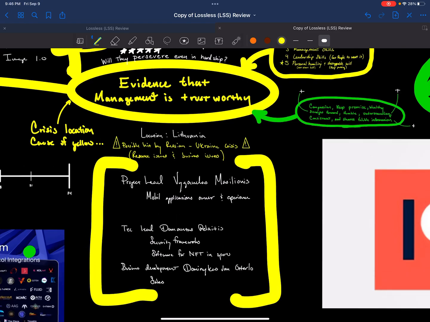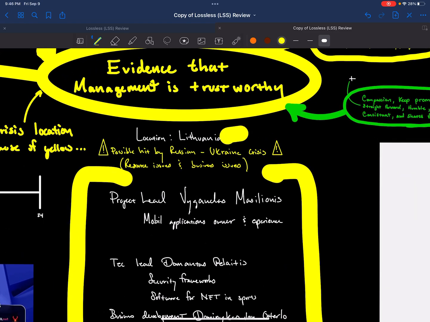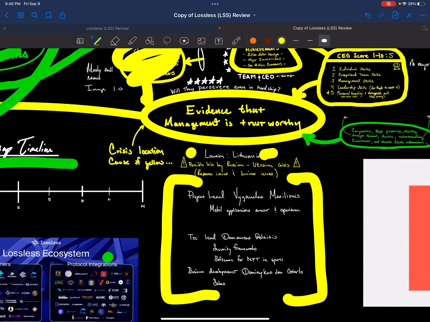But the big risk here is their location is Lithuania, so it's possibly hit by the Russian-Ukraine crisis, which means that hopefully the region is good. Europe in general, I don't know, they have energy problems right now. But being a software company, they could work on a train, so to speak. They can work anywhere.